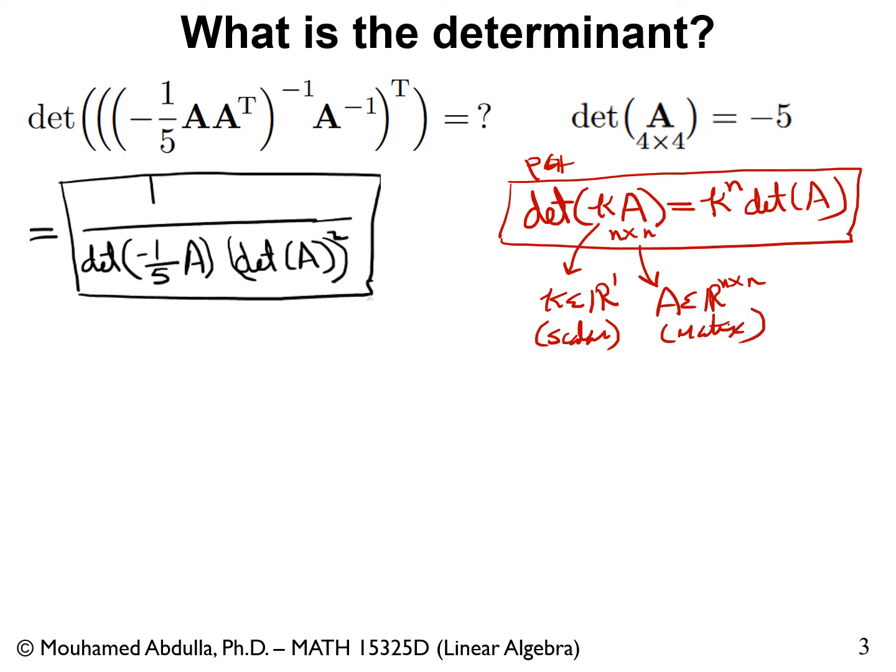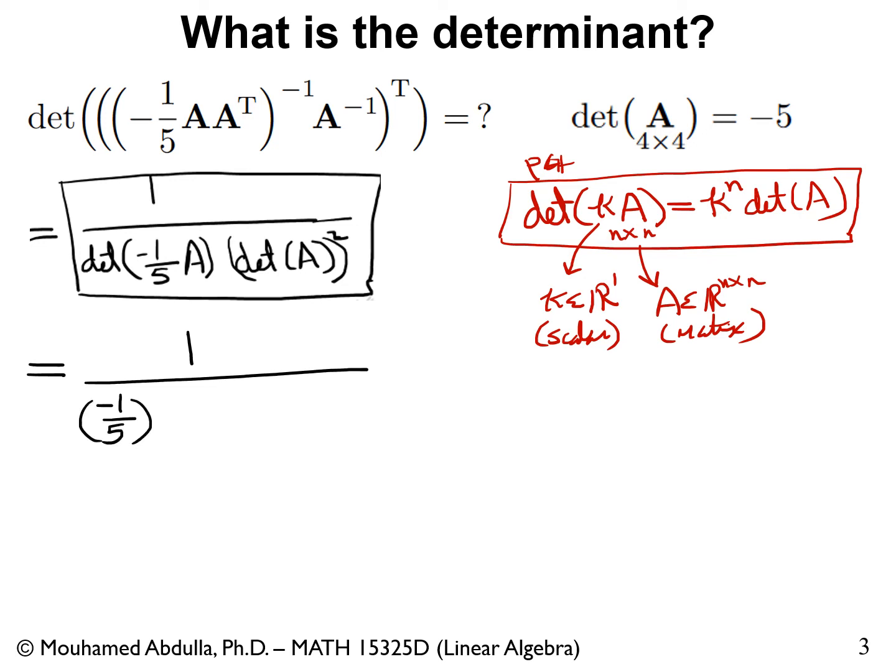Okay, so let's do that. Let's see how we could simplify this expression further. So now we have 1 over the determinant of a scalar, minus 1 over 5, times A. Well, this is equal to minus 1 over 5, this is our scalar, put to the power n.